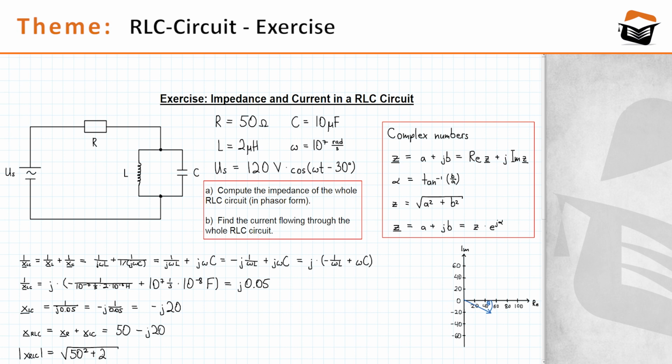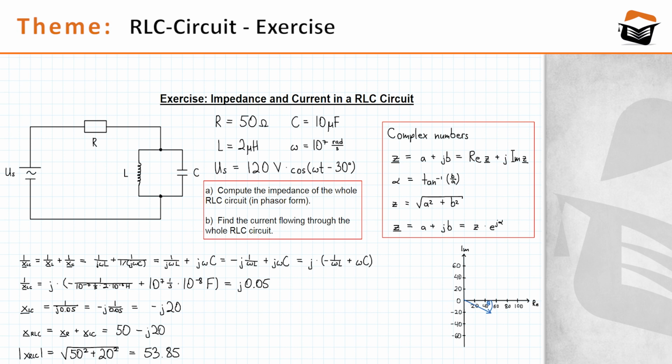Well, actually it should be plus minus 20 squared, but if you square a negative number, you're going to have a positive number anyway. So we will be using a positive number. The square root of 50 squared plus 20 squared is equal to 53.85. And that's the absolute value of the impedance of the whole circuit. It can also be interpreted as the length of the phasor on this diagram.